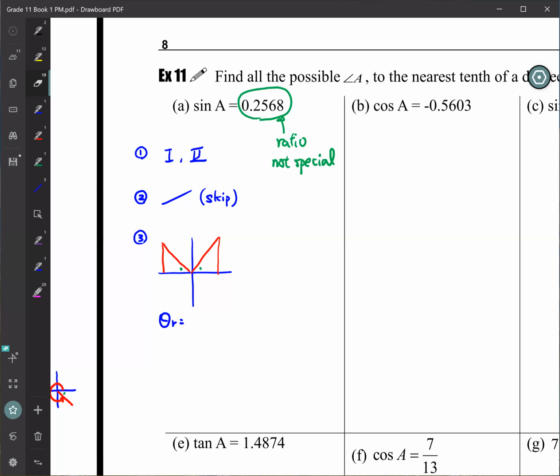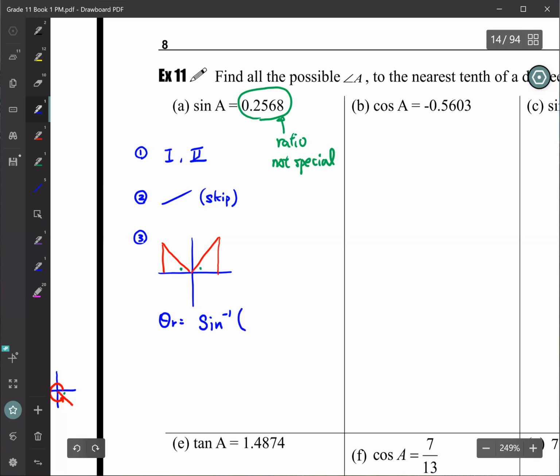To get the reference angle, you will only need the calculator if the ratio is not special. This one is a sine, but to find the angle, you need to press sine inverse. You can get that by pressing second and then the sine button.